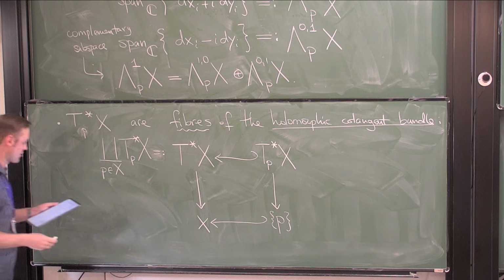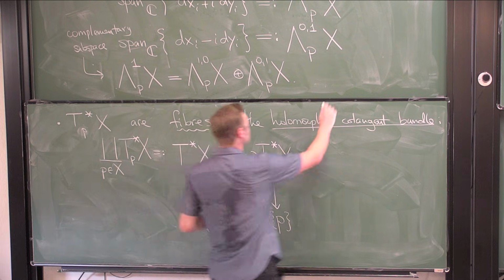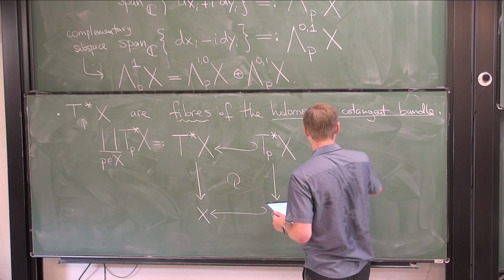And this is a commutative diagram. Let me say a few more words, which you can take as a definition of these words.